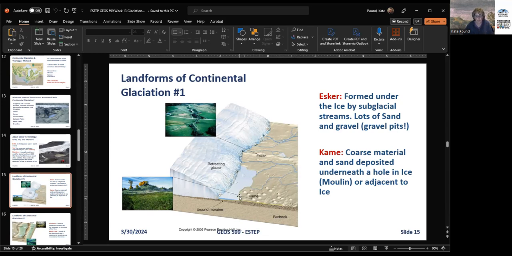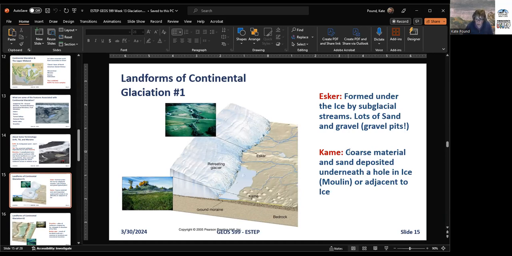There was a hole in the ice. There was a stream on top of the glacier carrying sand and gravel, and it just dropped down those holes to leave these little mounds. Many golf courses are developed in areas of kames in Minnesota. They make very interesting topography.